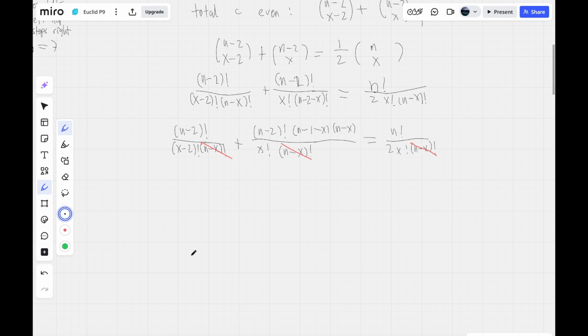So notice we have two instances of x factorial, so we can just make the x minus 2 factorial equal to the x factorials. So what we can do is multiply both sides of this one, n minus 2 factorial over, by x minus 1 times x, right?